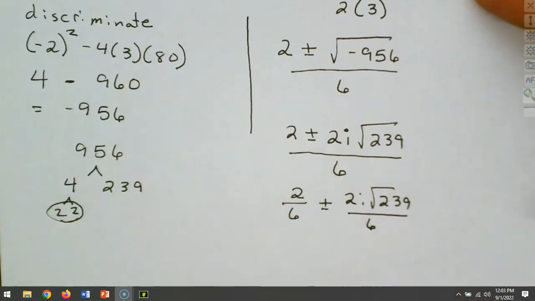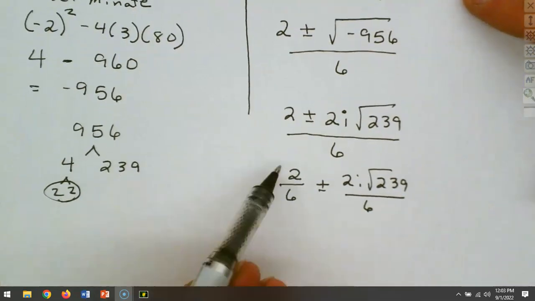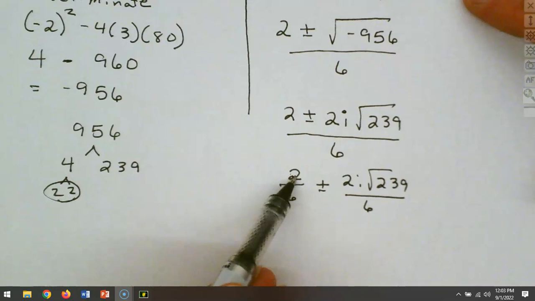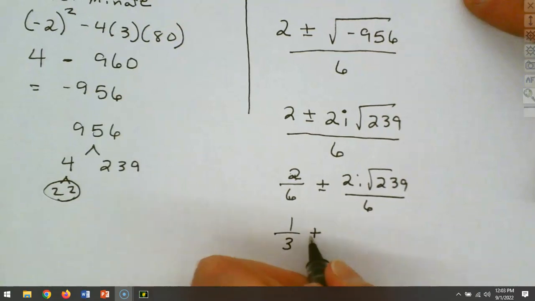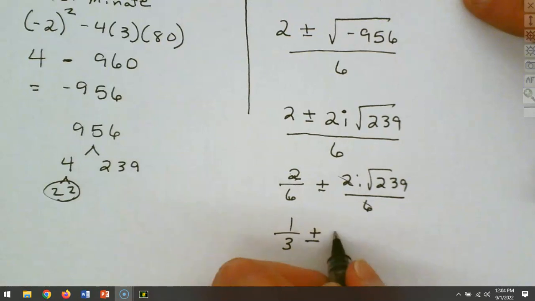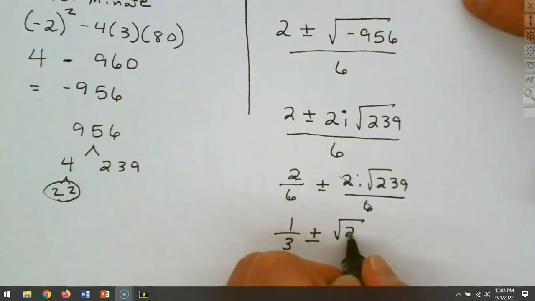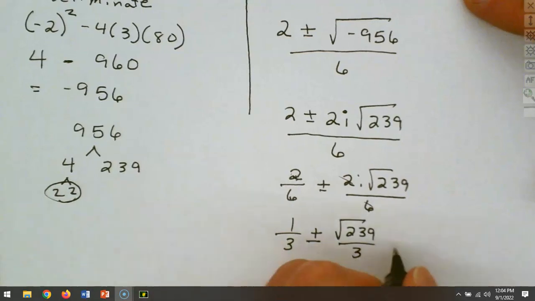And we need to break this down and reduce it. So we had to break it up. And why did I do that? Well, 2 over 6, we need to break it down. 2 over 6 is 1/3. Plus or minus, those 2's can cancel. And that's going to leave you with the square root of 239 over 3i.